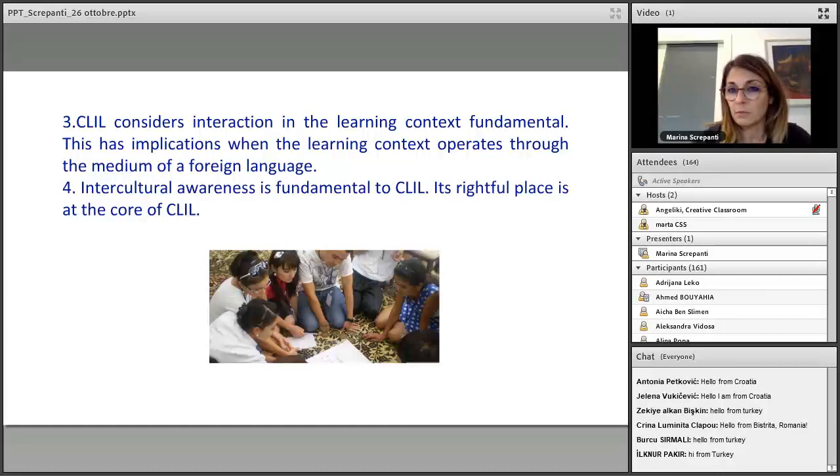It is possible in this precise moment to work in CLIL, even in distance learning. So we can do it also in distance learning. There are lots of web tools that can help us and help students collaborate. And then there is also intercultural awareness, which is fundamental in CLIL.